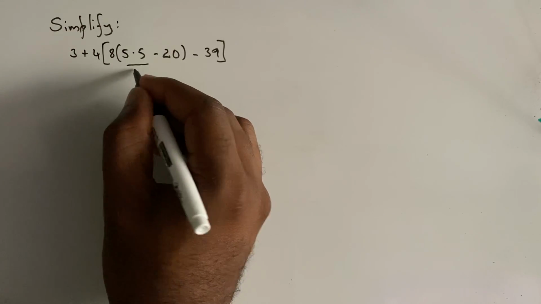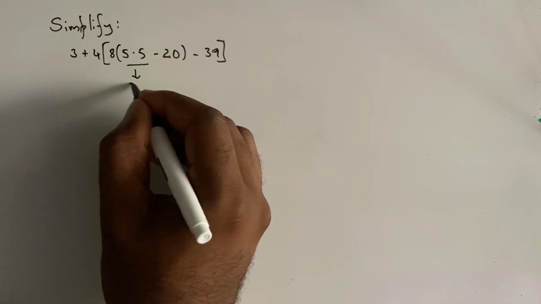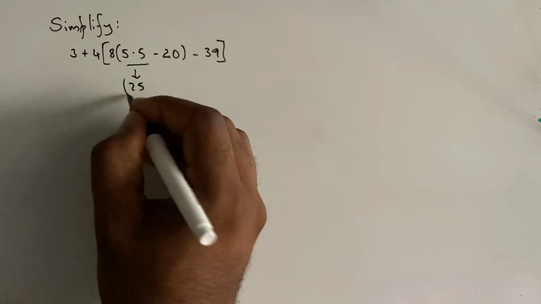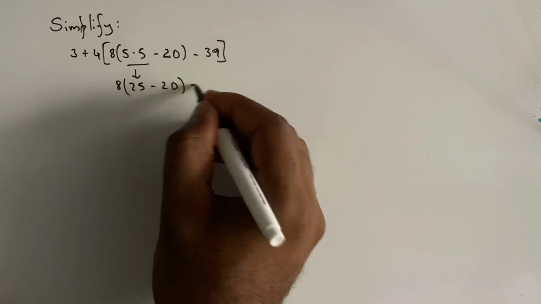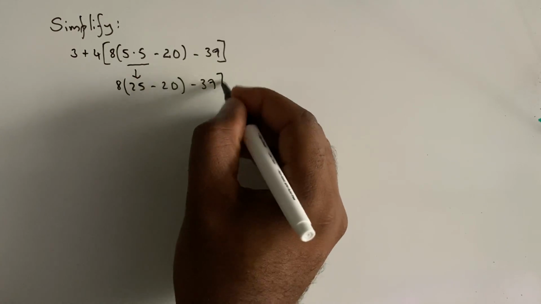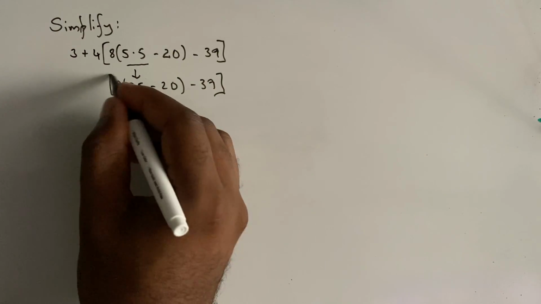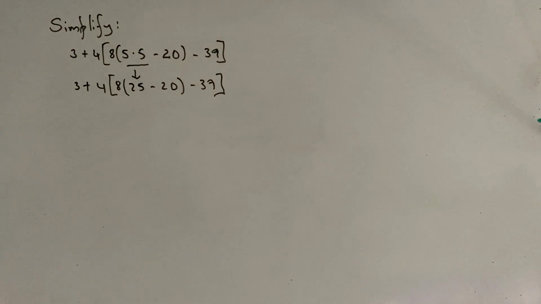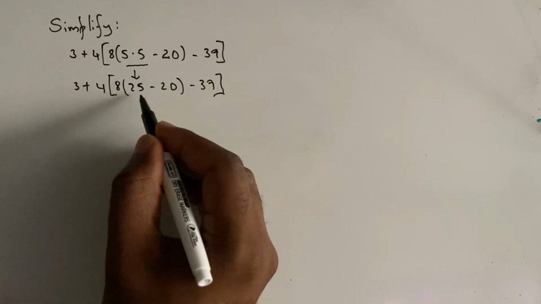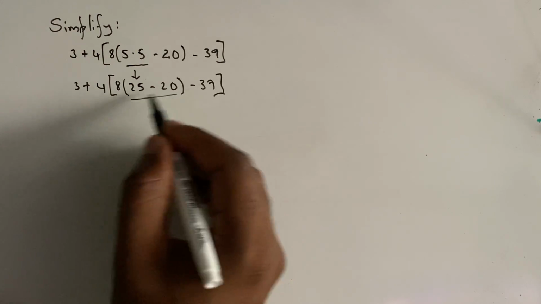So I know here I'm gonna have 5 times 5, which is 25, and I'll write everything else after, just like this. Now, remember I still need to take care of what's inside here.